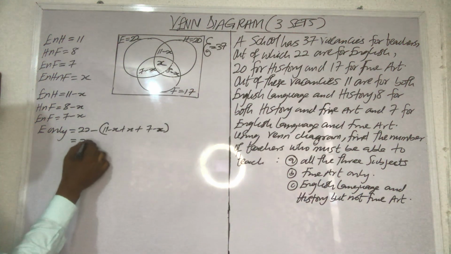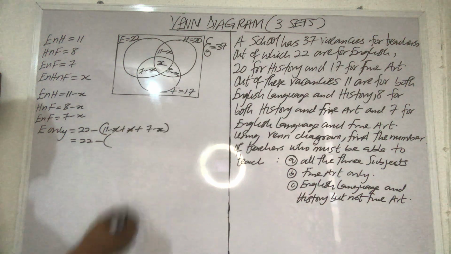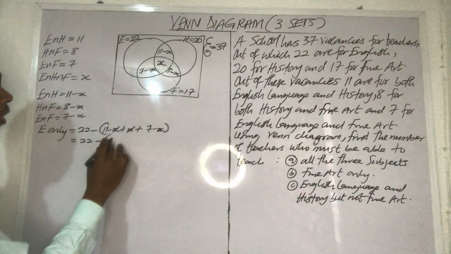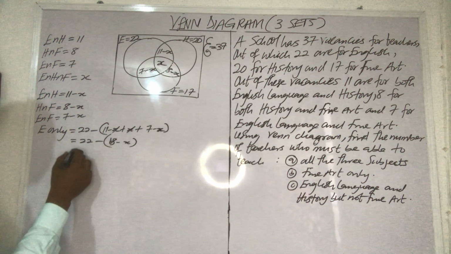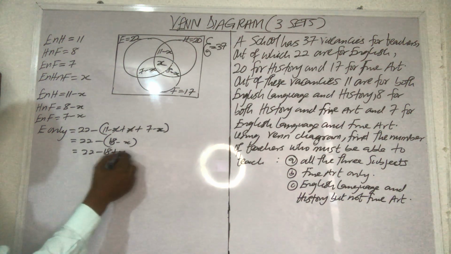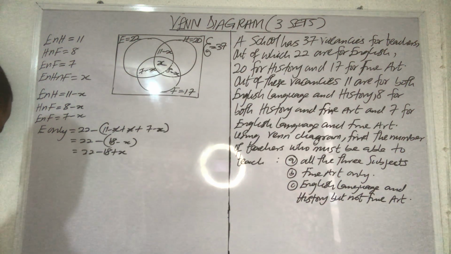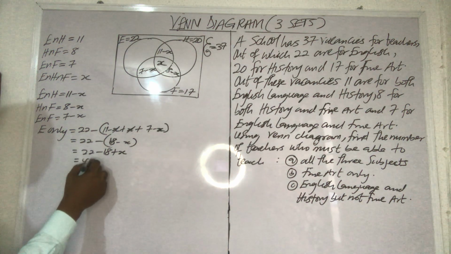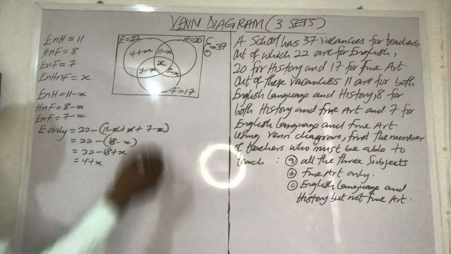Simplifying, minus x plus x will cancel out, 11 plus 7 is 18, so 22 minus 18 plus x, minus times minus is plus. 22 minus 18 gives 4 plus x. So my English only is 4 plus x.